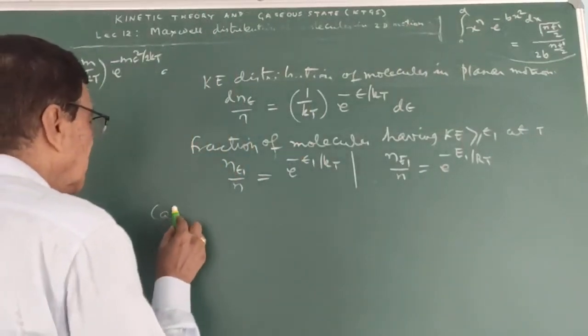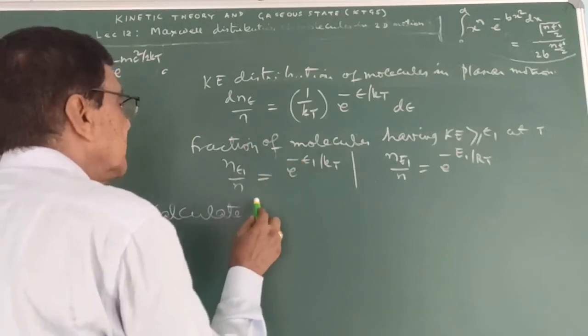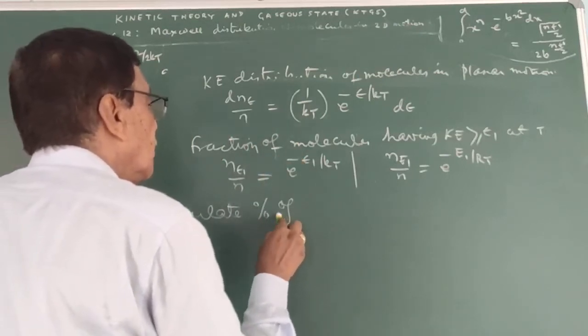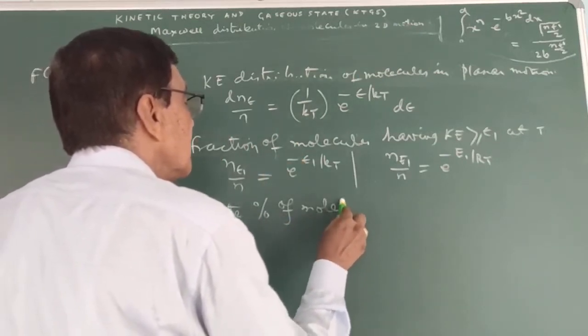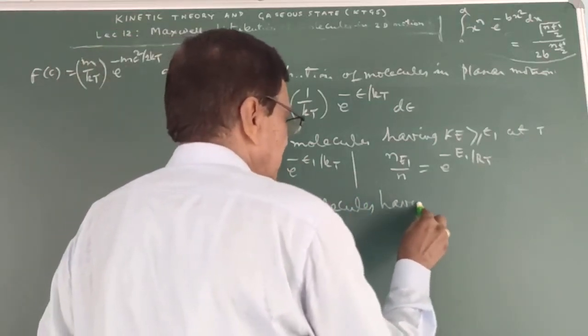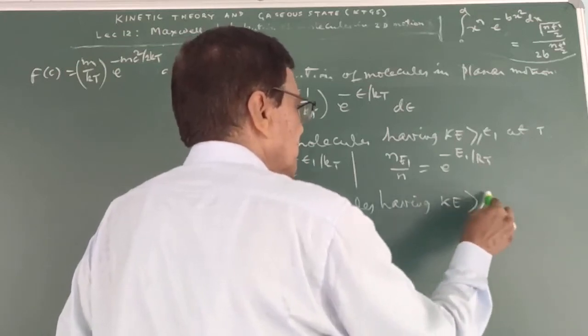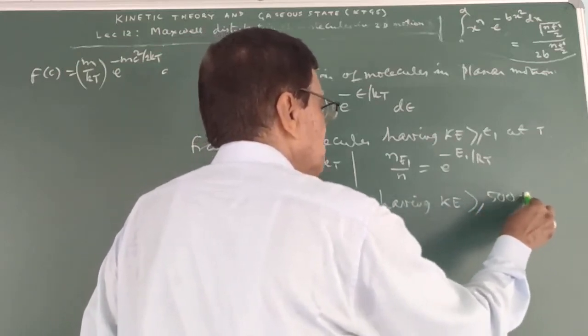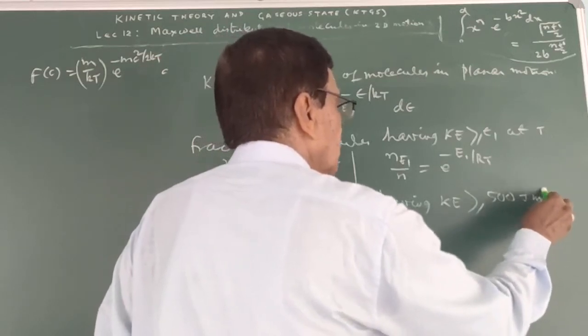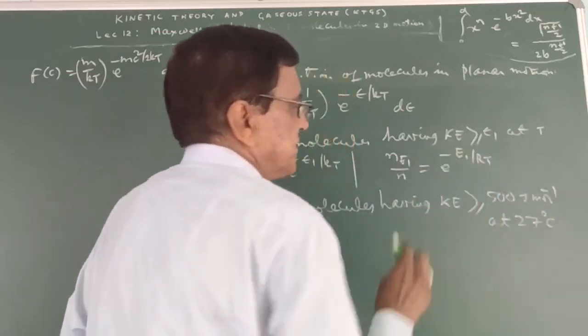Calculate the percent of molecules with energy greater than or equal to 500 joule mole inverse at 27 degrees centigrade.